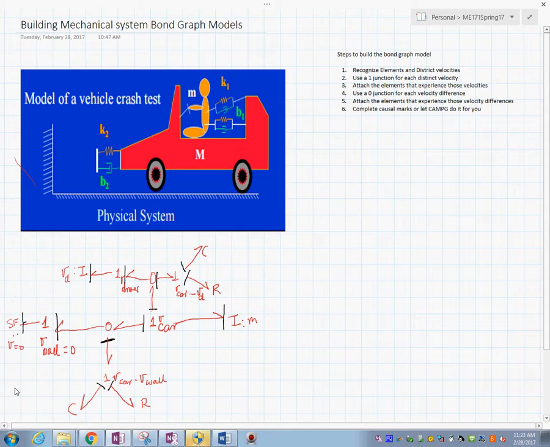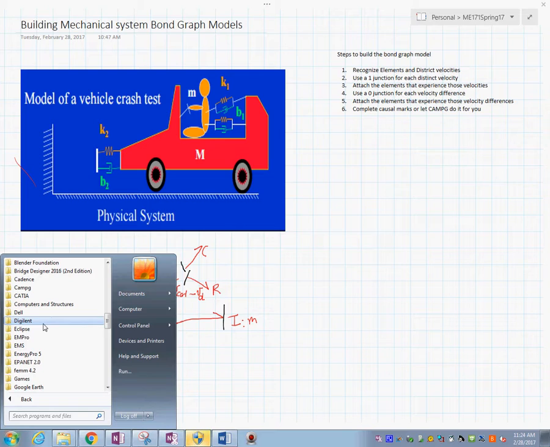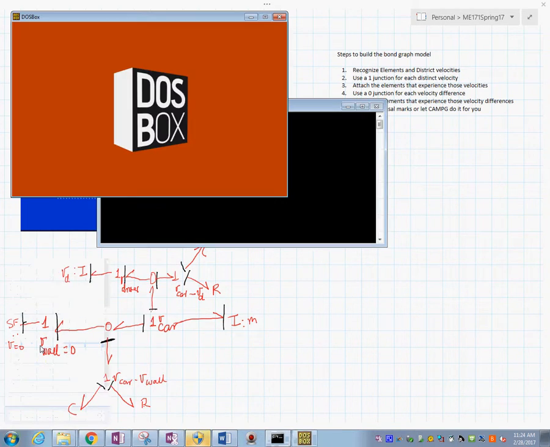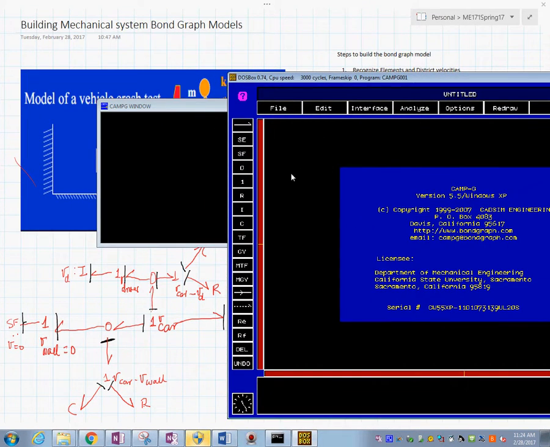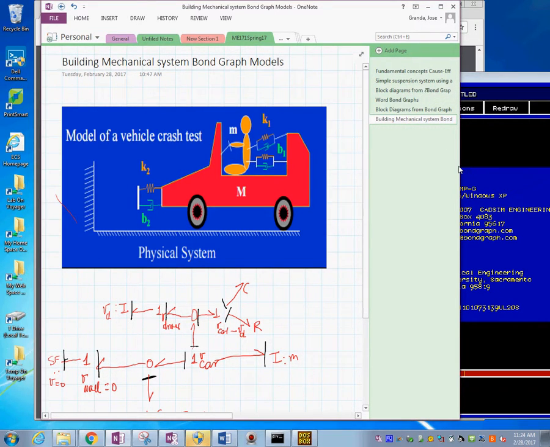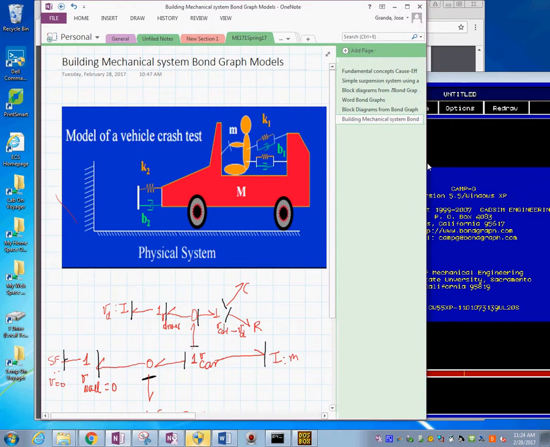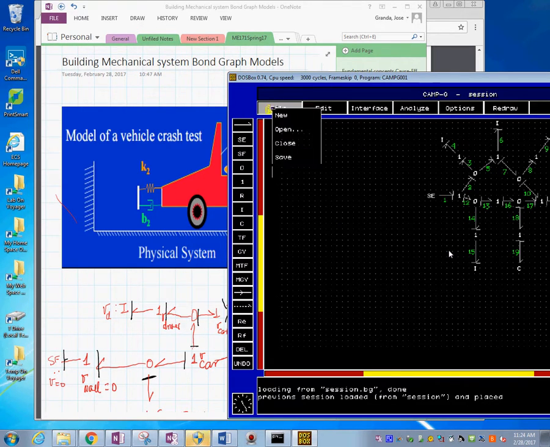So why don't we go ahead and run the software, and then we'll enter it into the CamG software. So we go over here, yeah, like that. See that we have both of them. So we're gonna go and create a new file.